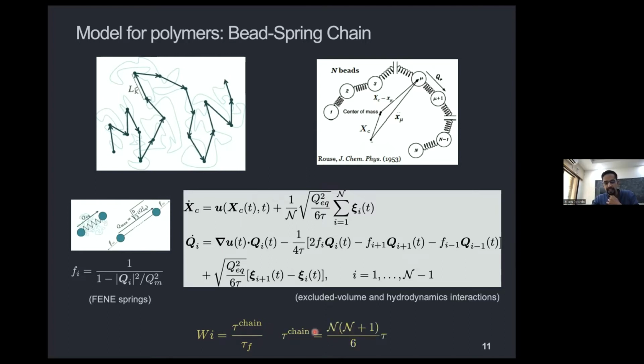The interesting thing is we can estimate the effective timescale of the entire chain from the timescale of individual springs using this relation. This relation was proposed by Jin and Collins. It's an educated guess, and I'll talk about it more as we go along. But this is the definition of the Weissenberg number.